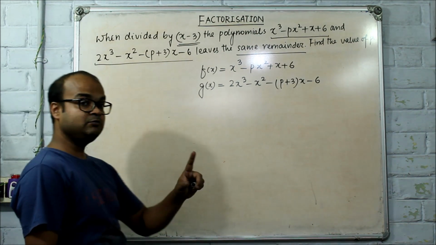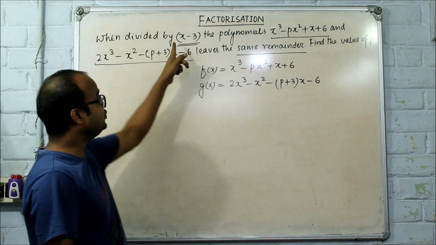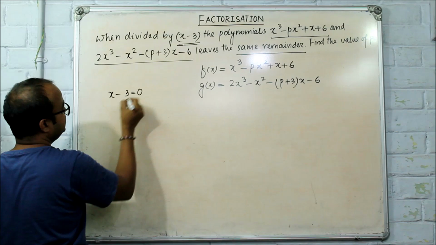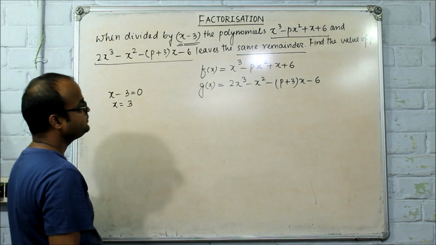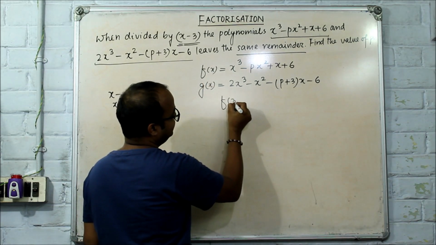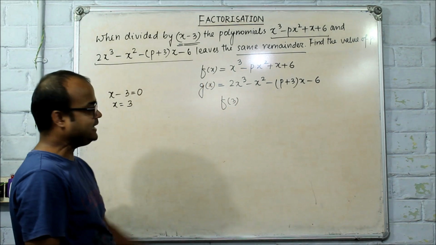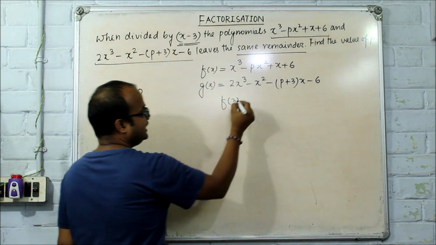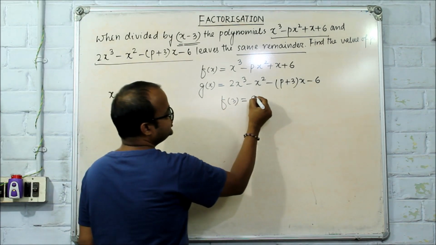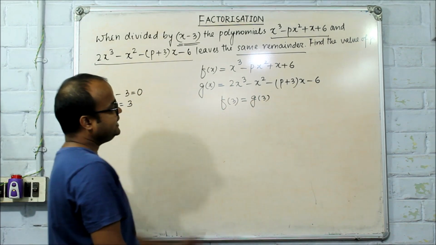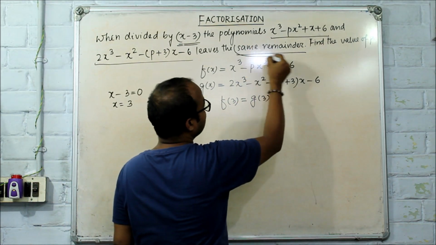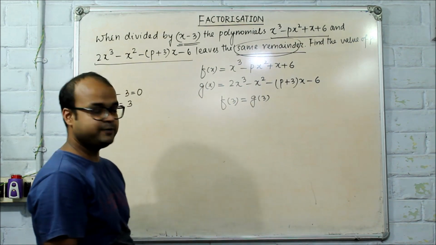Now in the remainder theorem, we equate the divisor to 0. So x minus 3 is equal to 0, x is equal to 3. Now if you replace x by 3, you will get f of 3 and this will be the remainder. And if you replace x is equal to 3 here, you will get g of 3. And f of 3 is equal to g of 3 because both polynomials leave the same remainder.